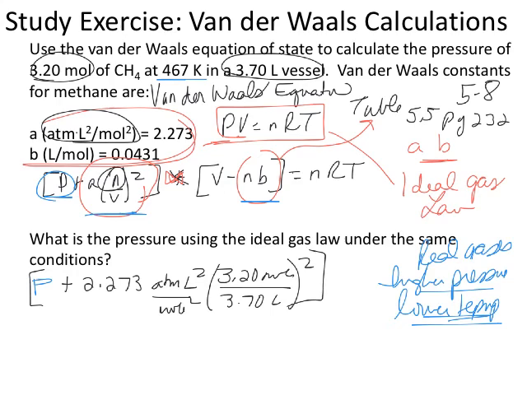Then we take that whole term times the volume term. Our volume is 3.70 liters in our equation, minus, and we got our B now. B was given to us here.